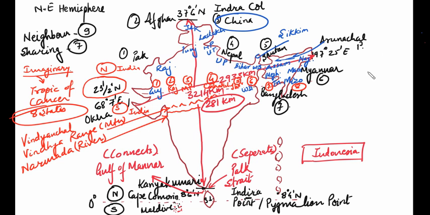So India is divided into two parts by means of this Tropic of Cancer, 23.5 degree north, then Vindhyanchal or Vindhya mountain range, which is a natural boundary, then Narmada river, which is again a natural boundary. So these three things divide India into two parts, of which one is imaginary and two are natural boundaries.